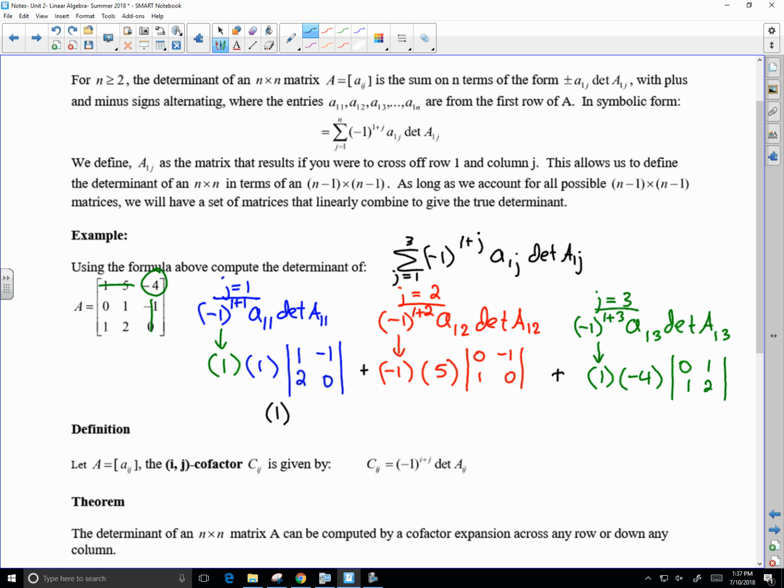Diagonal down is 0. Diagonal up is -2. 0 minus -2 is 2. Then -5 times 1, and -4 times -1.